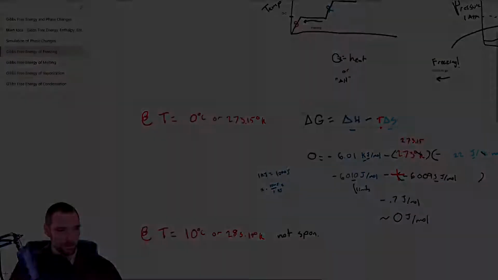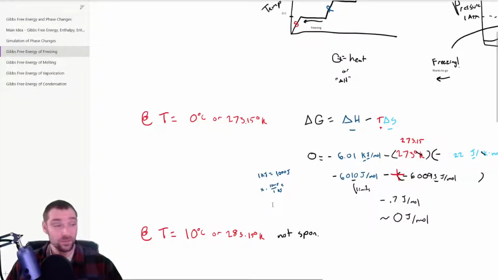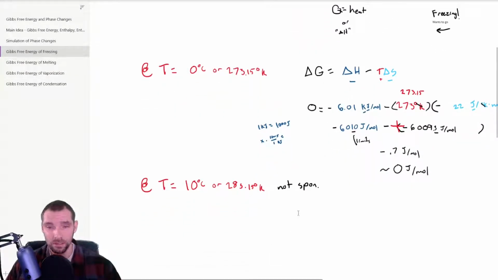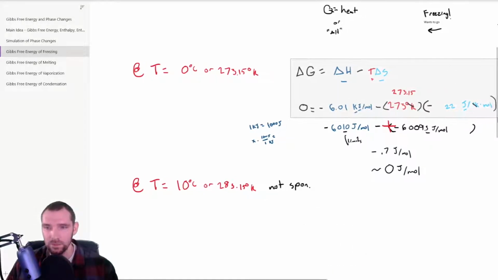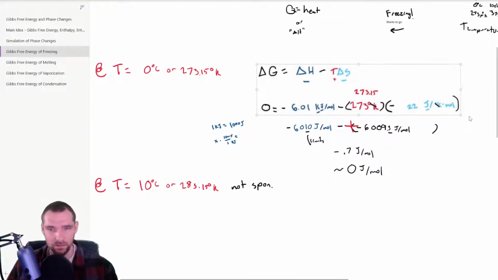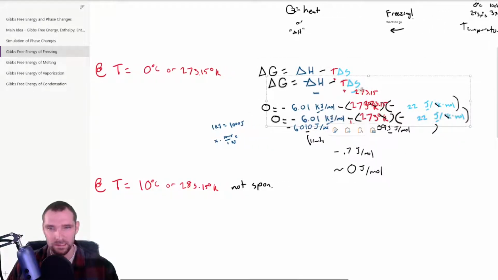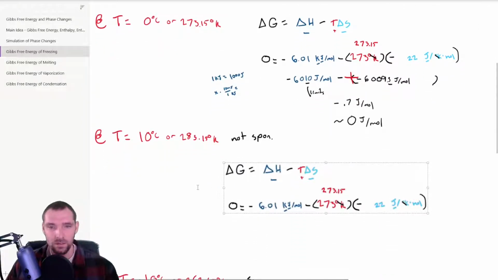Sorry, just give me a second. So it's virtually the same calculation. It's just slightly different because now instead of having the temperature at 273.15, it's a slightly different temperature. So we have the same here, same there. This has changed, which will result in that changing as well.